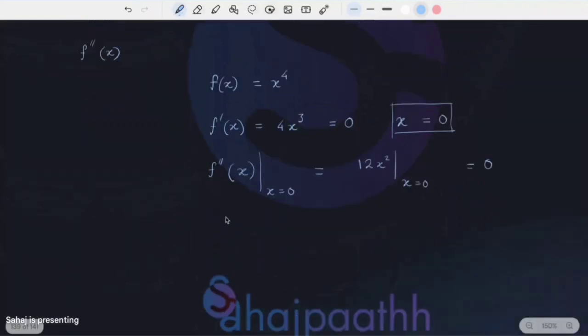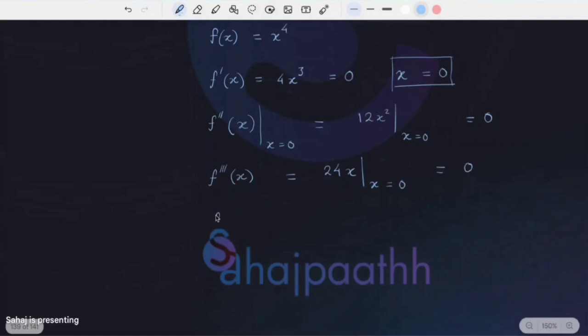But then we cannot stop here. If it's 0, we have to go to the higher derivative, f triple prime x. How much is that? It's 12 twos are 24 x. Again put x equals 0. What do we get? Again 0. Which means we have to go to the next higher derivative.